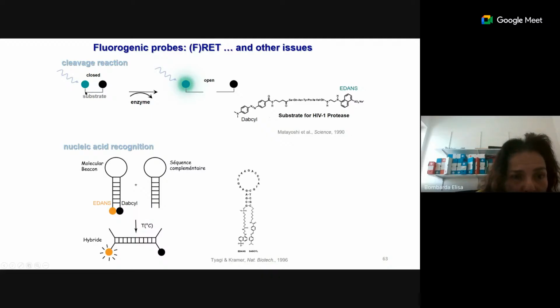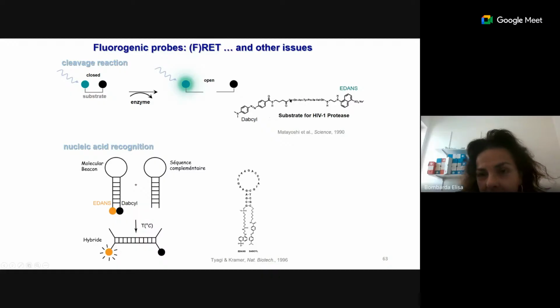You have your substrate, which in this case is the peptide containing the cleavage site of this protease. You have a donor and a quencher, actually a dark quencher.